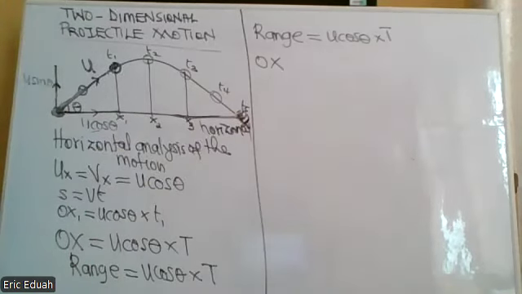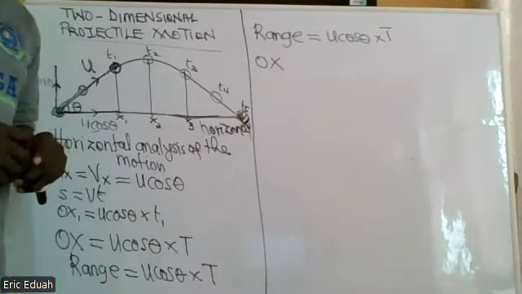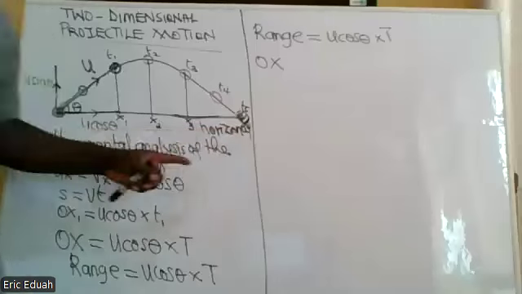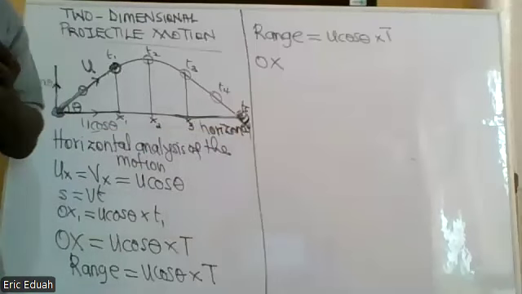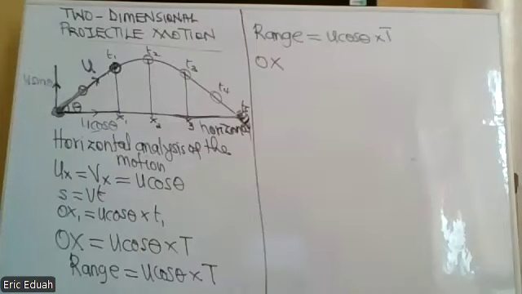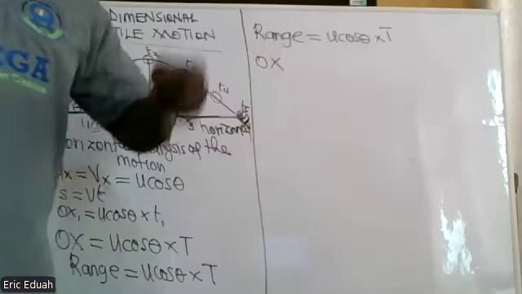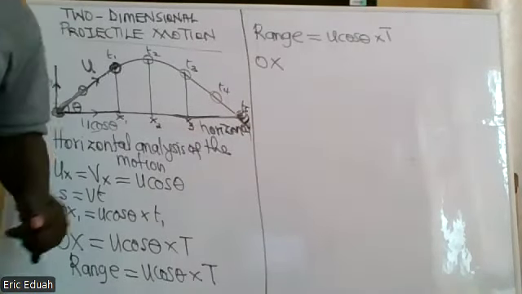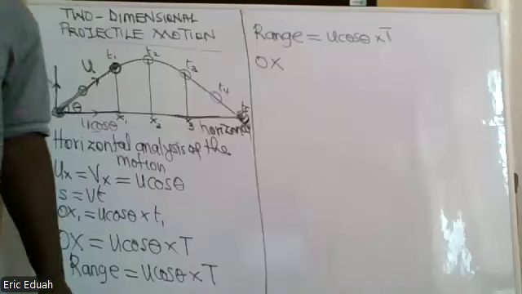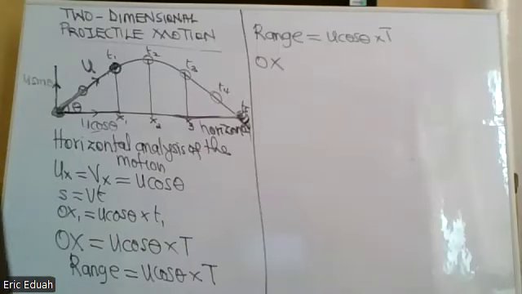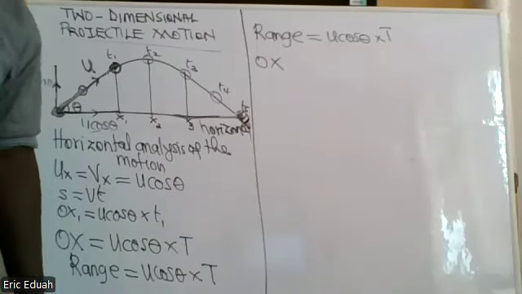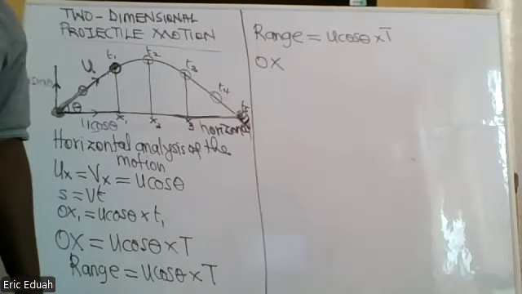The total horizontal distance traveled by the projectile is what we are calling the range. So the range of a projectile is the total horizontal distance traveled by the projectile.